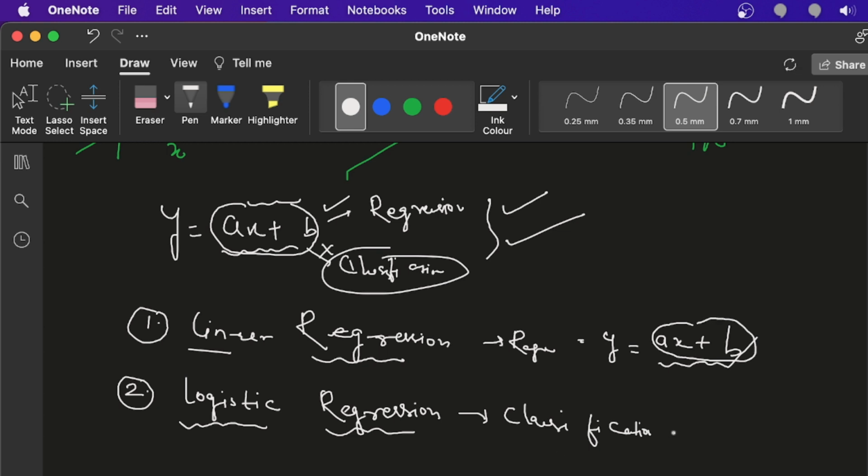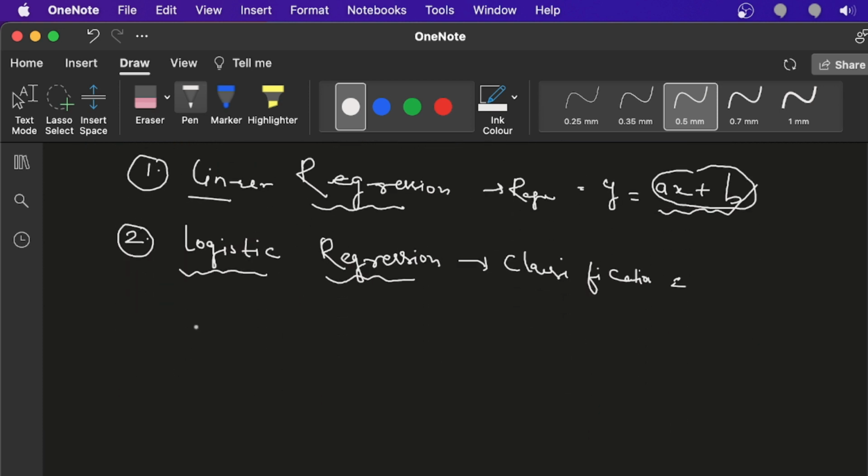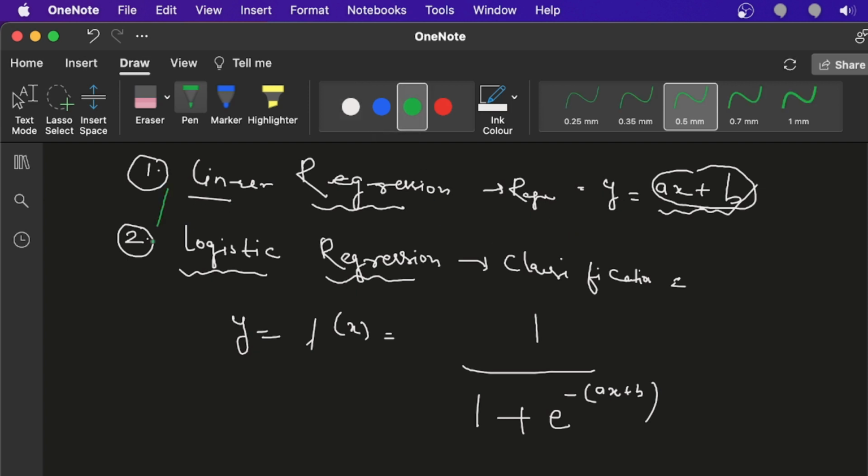Now classification. The logistic regression function looks like this: y is a function of x, and this function involves e, the exponential. If you plot the linear regression, the graph just looks like this.